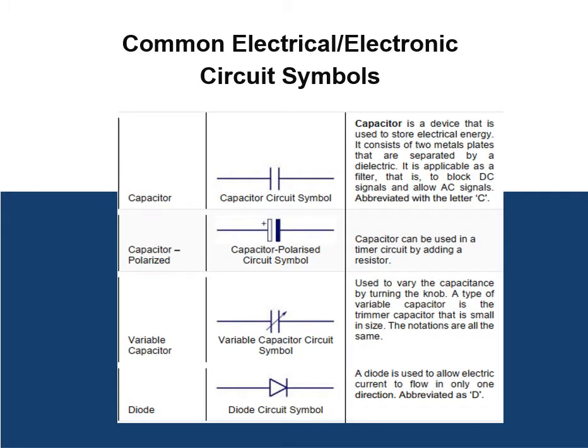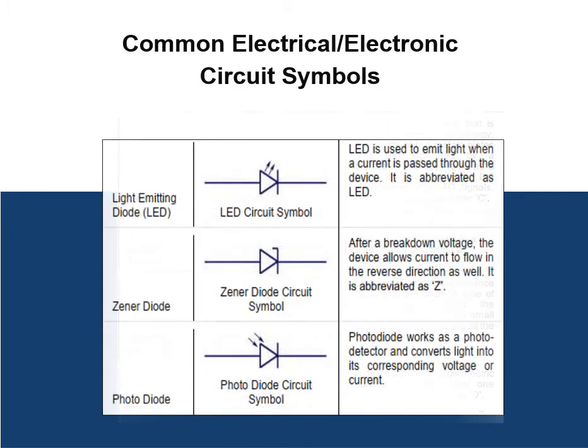We also have the capacitor, polarized capacitor, the variable capacitor, diode. A diode is used to allow electronic current to flow in only one direction. LED or light emitting diode, the Zener diode and the photodiode.